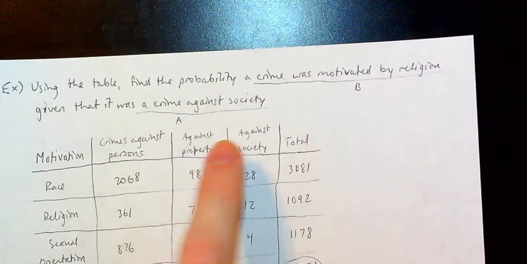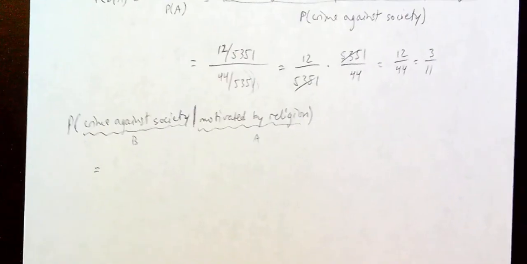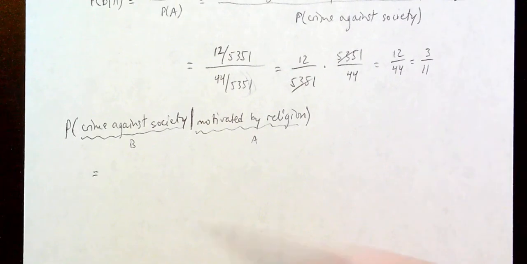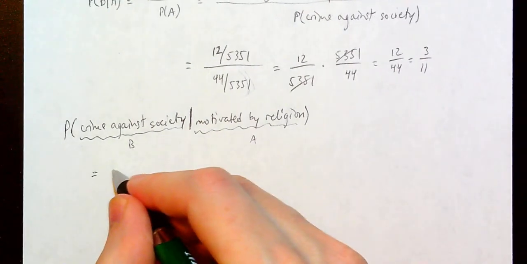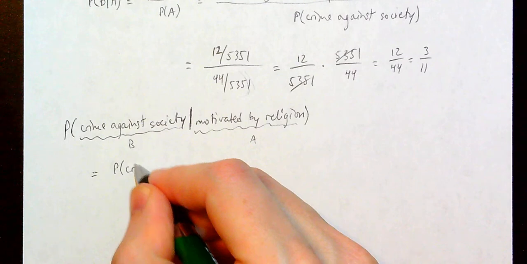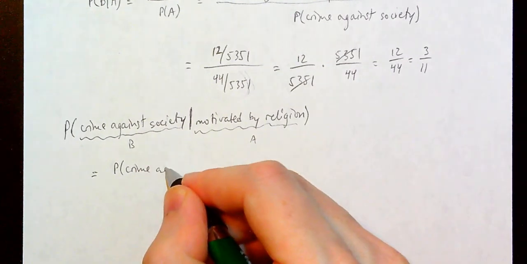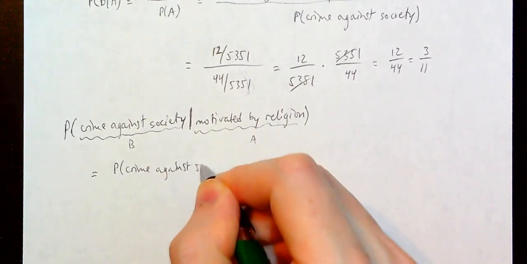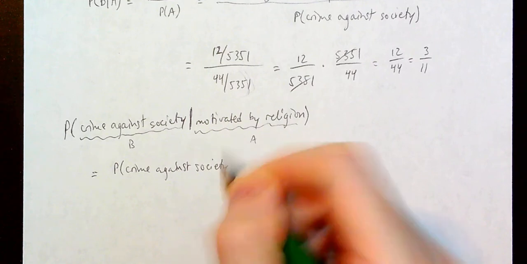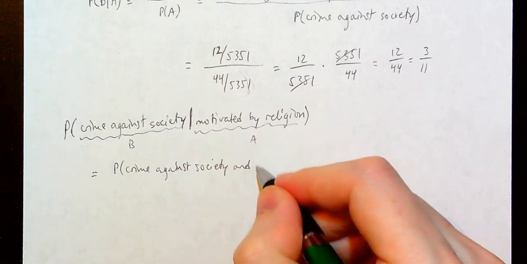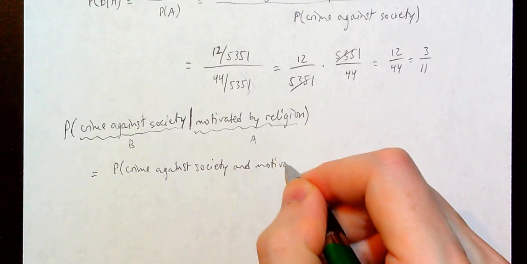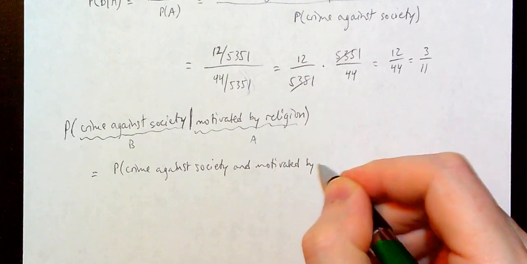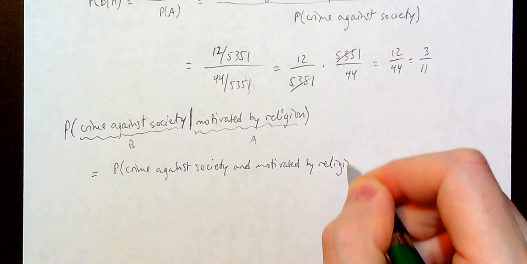This is now A, this is now my B. So the probability of this happening is going to equal the probability that it's a crime against society and it's motivated by religion.